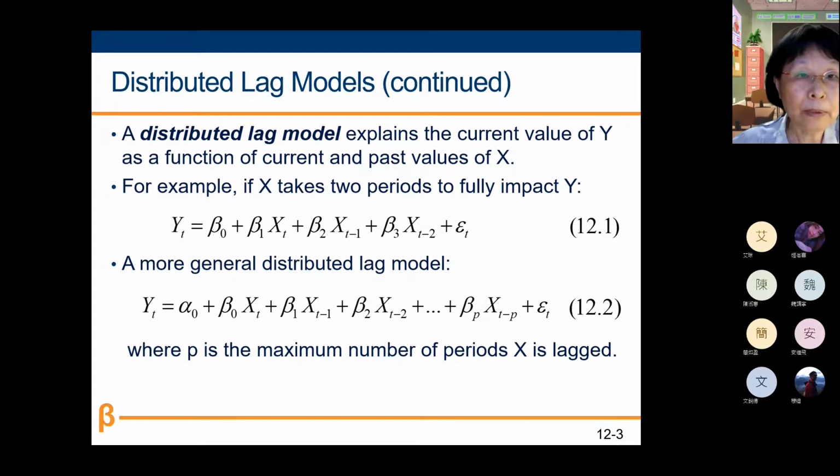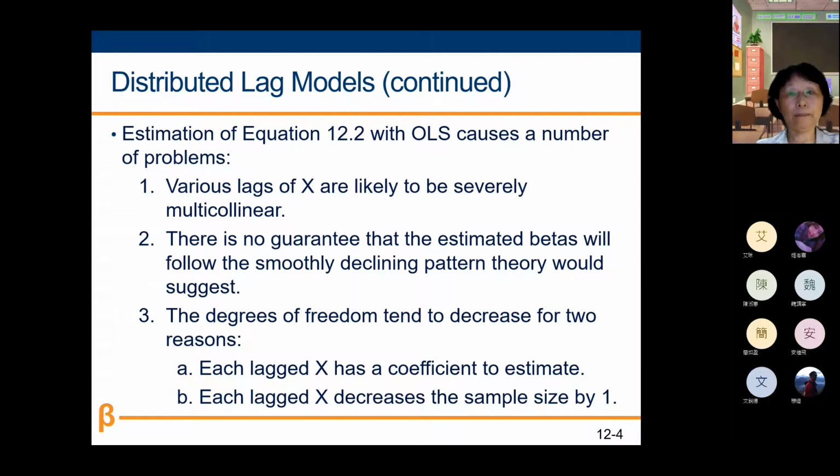Okay, and so we say that estimation of equation 12.2 with OLS causes a number of problems. The first one is that various lags of X are likely to be severely multicollinear.